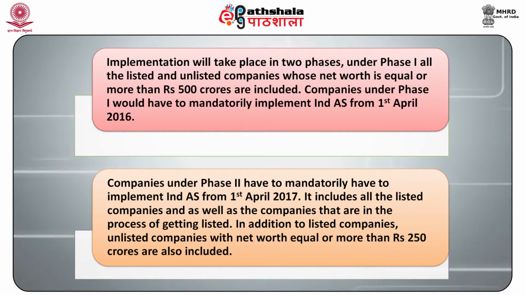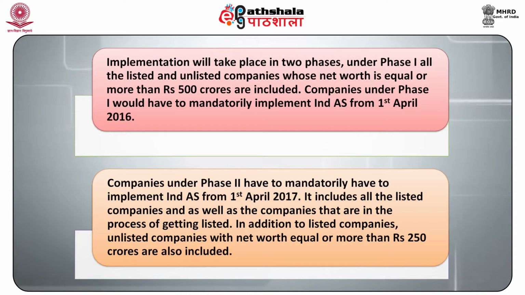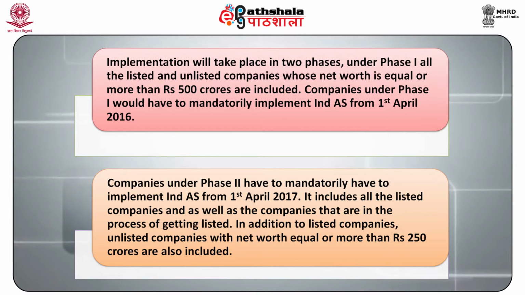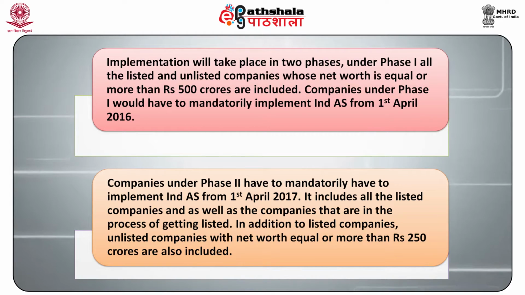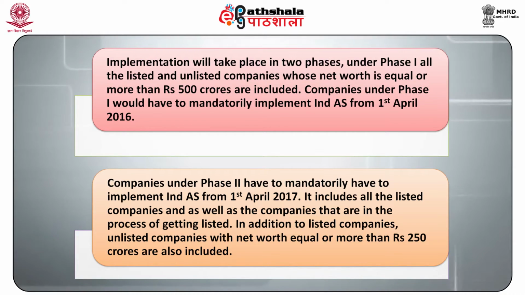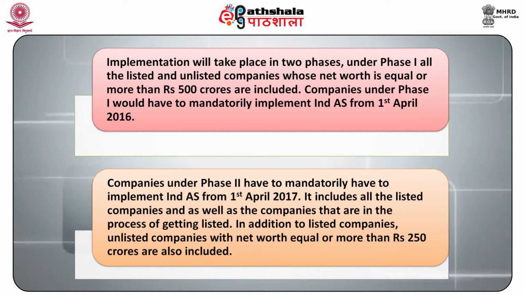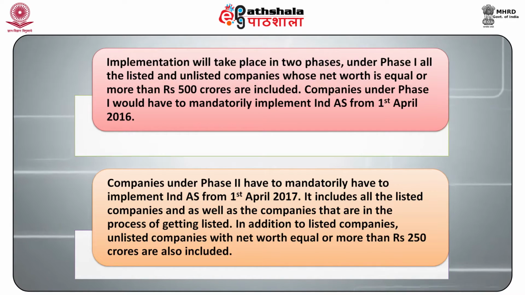Companies under phase 1 would have to mandatorily implement Indian AS from 1st April 2016. B. Companies under phase 2 have to mandatorily implement Indian AS from 1st April 2017. It includes all the listed companies as well as the companies that are in the process of getting listed. In addition to listed companies, unlisted companies with net worth equal to or more than Rs 250 crores are also included.